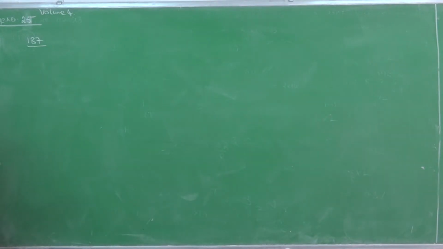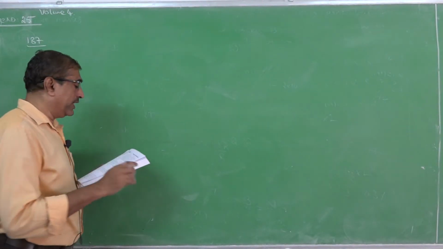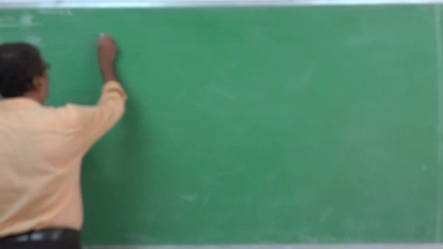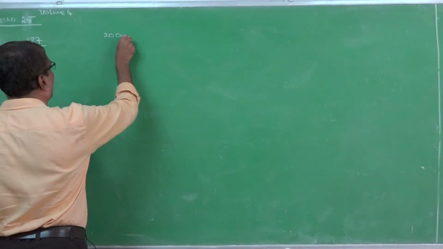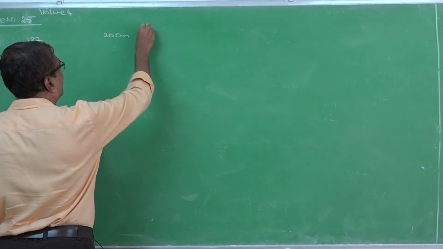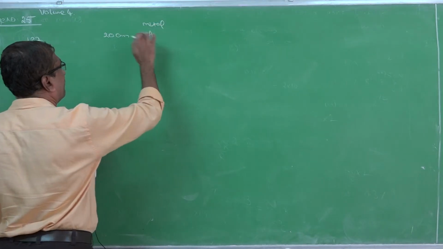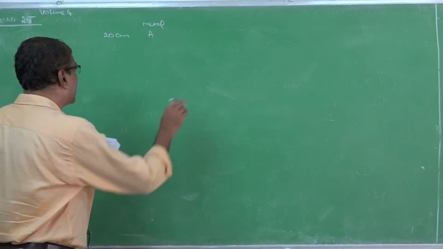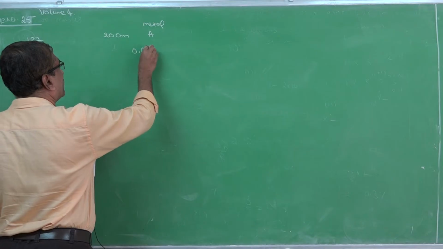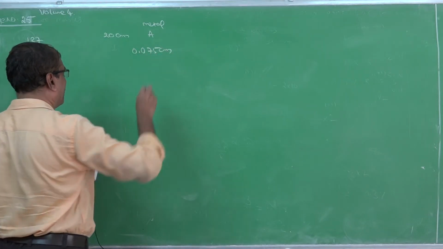Okay. The given problem is a rod of length 20 centimeter made of metal A expands by 0.075 centimeter.